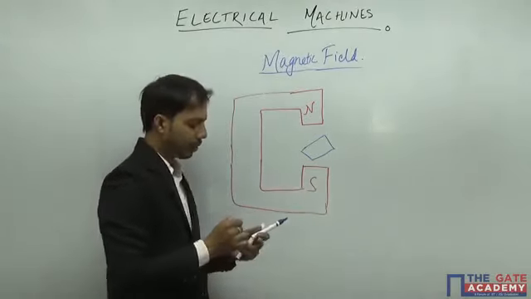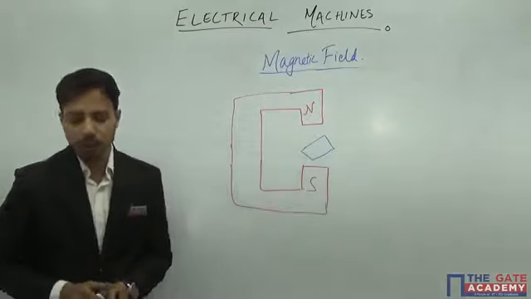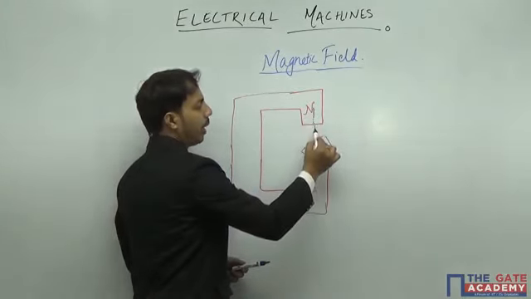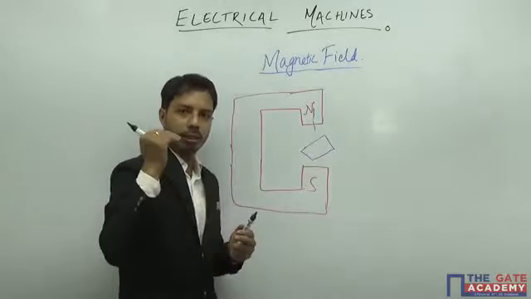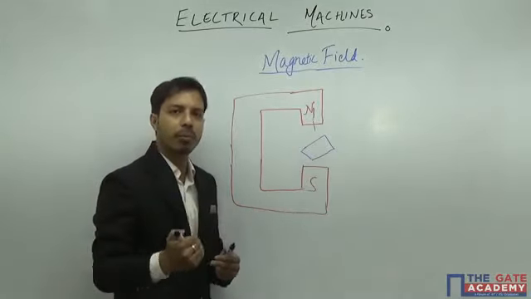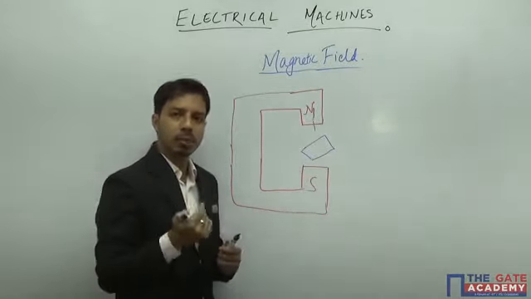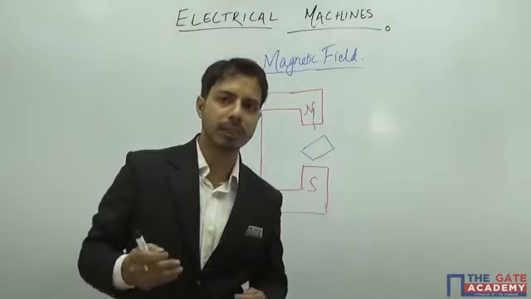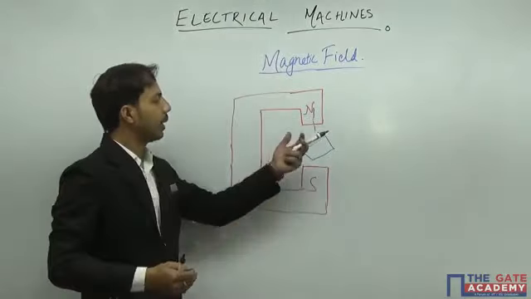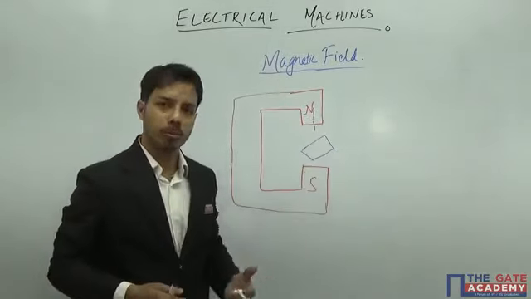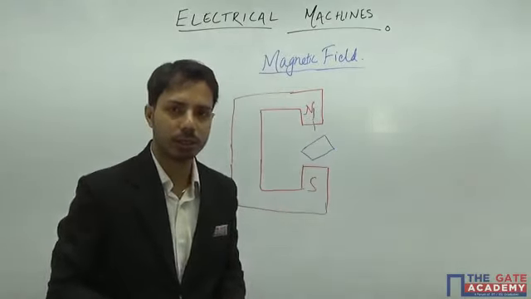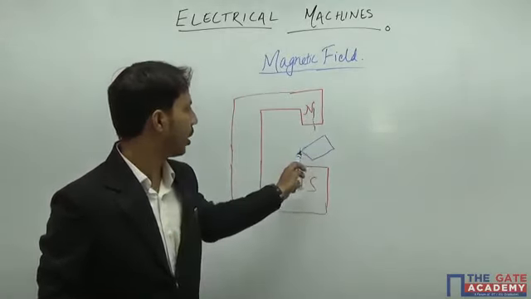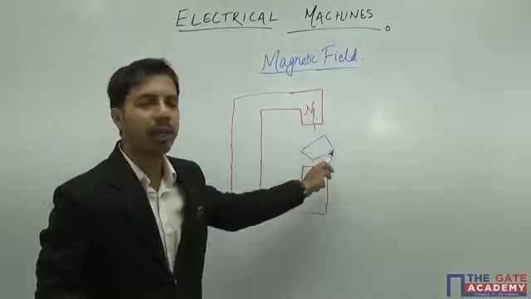As we know, lines of field are going to come out from north, so they will come out from this north, and my flux will flow through the minimum reluctance path. It is similar to how current flows through the minimum resistance path. So you see, air has more reluctance, whereas this particular rod is made of iron.